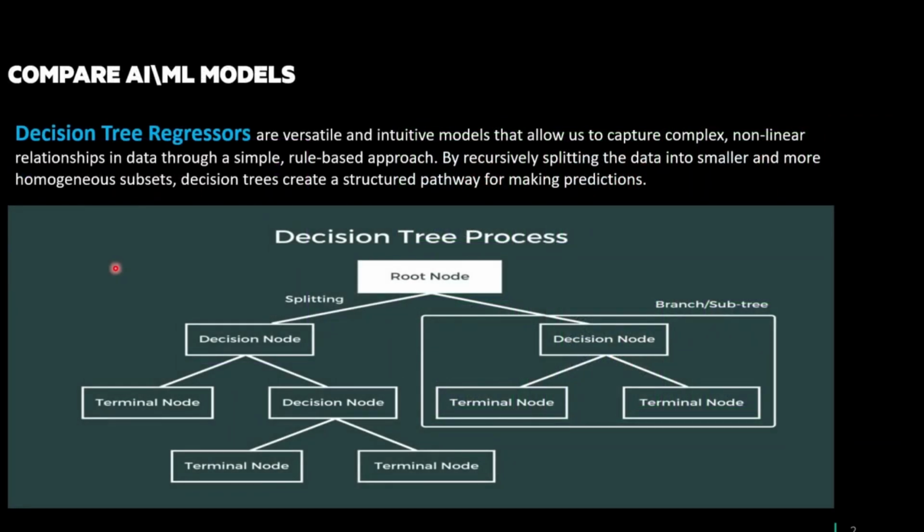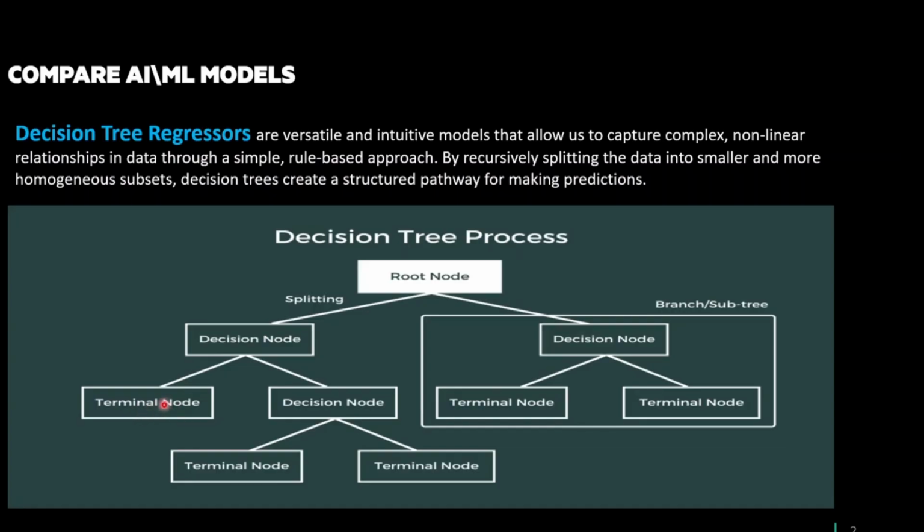So let's start with understanding one of the ML models, and that is DecisionTreeRegressor. In DecisionTreeRegressor, we take a look at the decision node, and as per the condition, we move to either another decision node or the target, the prediction.